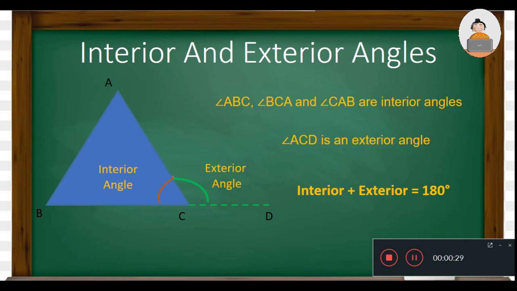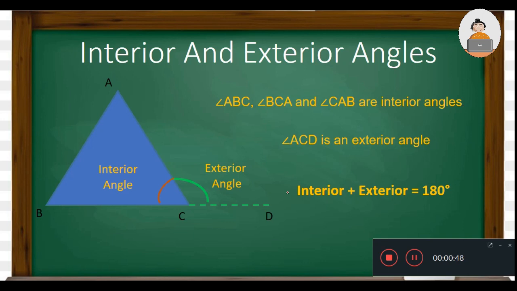So the angle which is formed inside the triangle will be called the interior angle, and the angle formed between the side of the triangle and the extended side of the triangle will be the exterior angle.